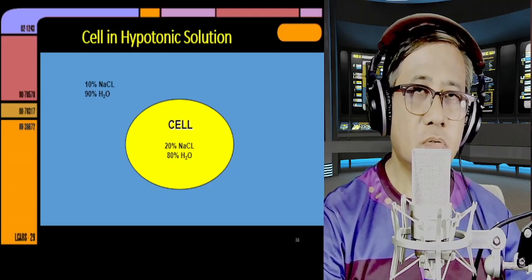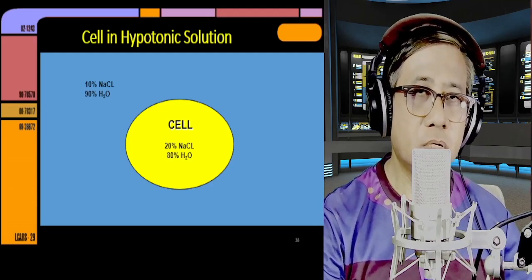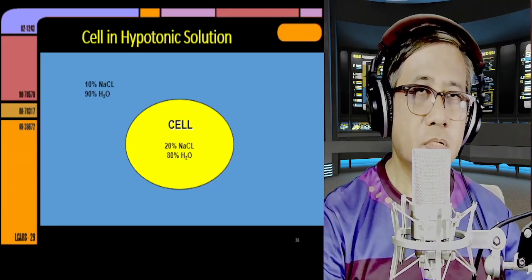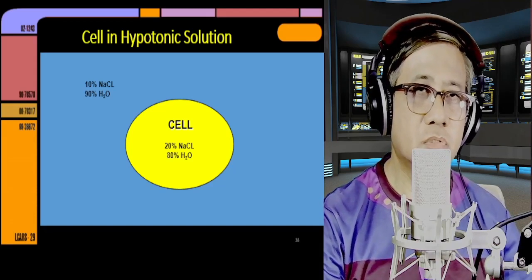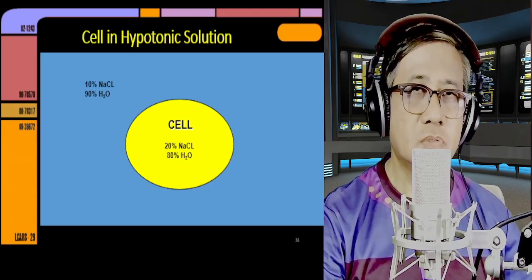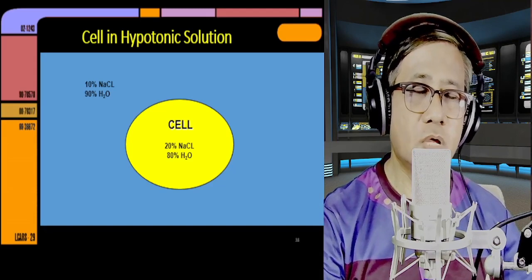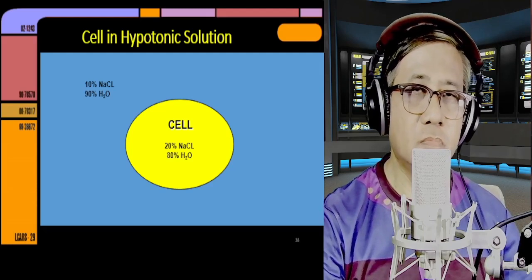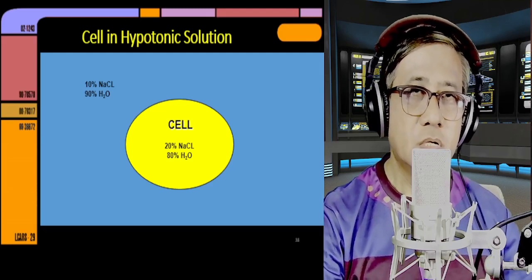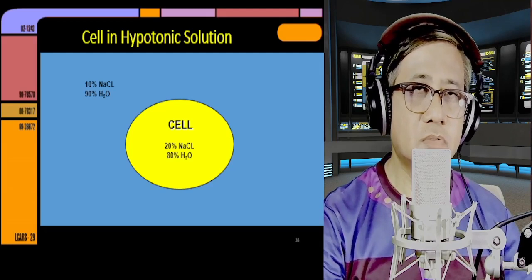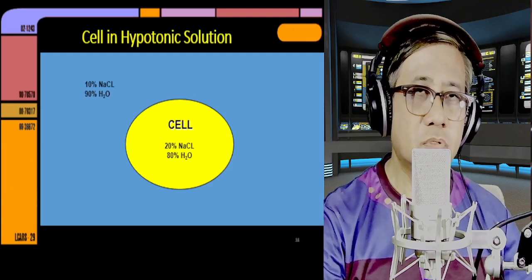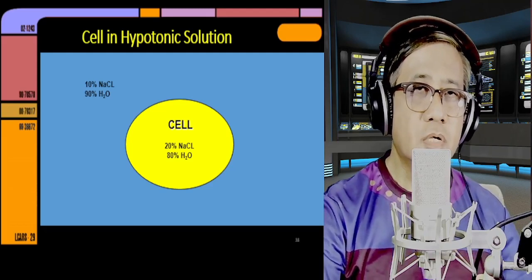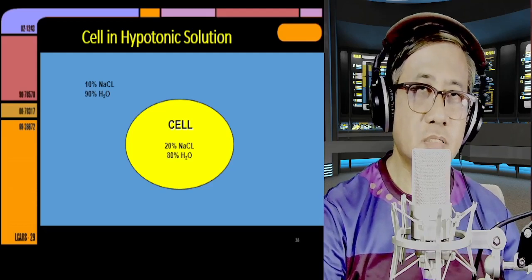So inside the cell, you have 20% salt or solute and 80% of the solvent or water. So here you will notice that there is less solute or salt outside the cell. So that's what we call a hypotonic solution. Hypo means less of the solute outside the cell compared to the amount of solute inside the cell. So you have here 10% salt outside and 90% water outside compared to the water inside the cell, which is 80%. So there's more water outside the cell.